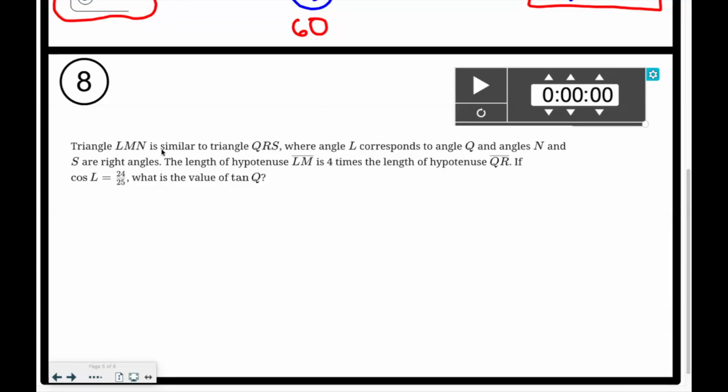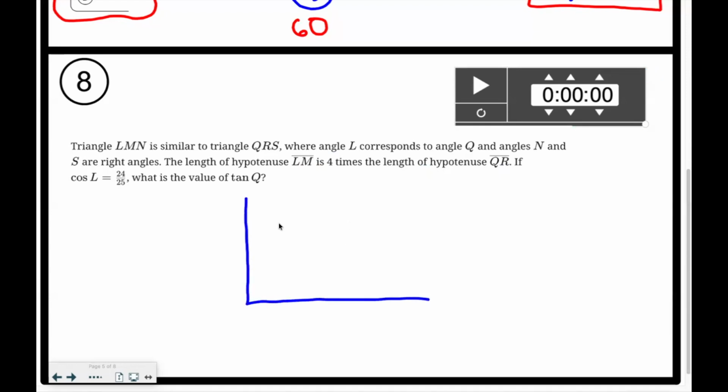If they're giving you a trig problem related to similar triangles, you really only need to focus on one of those triangles, because trig ratios are ratios that reduce. Writing out both of them wastes a lot of time. So I'm going to show you what I mean by that.